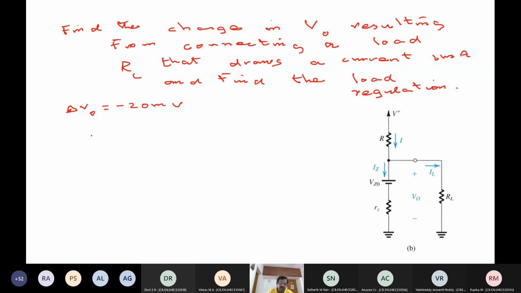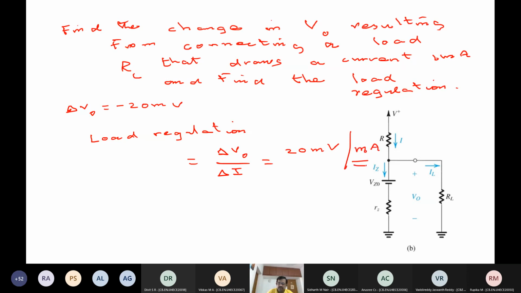Now load regulation is delta V0 by delta I, simply 20 millivolt per milliampere. So look at the unit here, millivolt per milliampere. Line regulation is millivolt per volt.